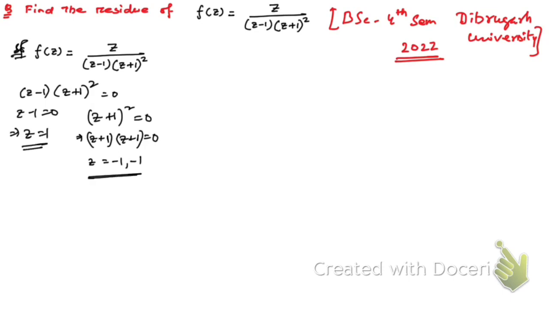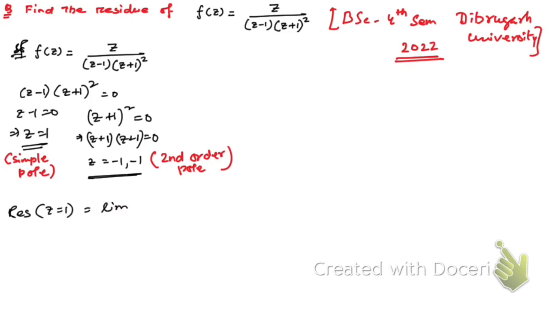So here z equal to 1 is a simple pole, and z equal to minus 1 is a second order pole. Now let's find the residue at the simple pole, residue at z is equal to 1. So how to find it?